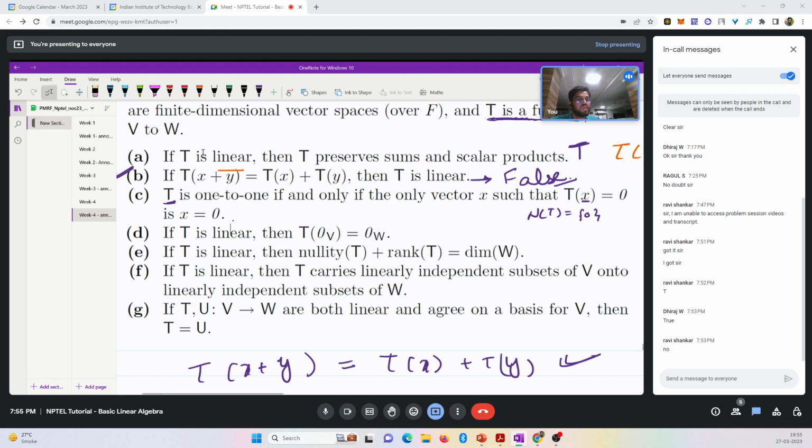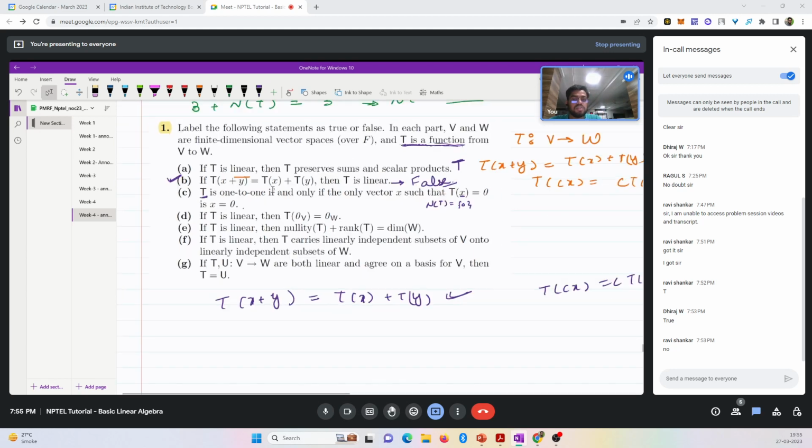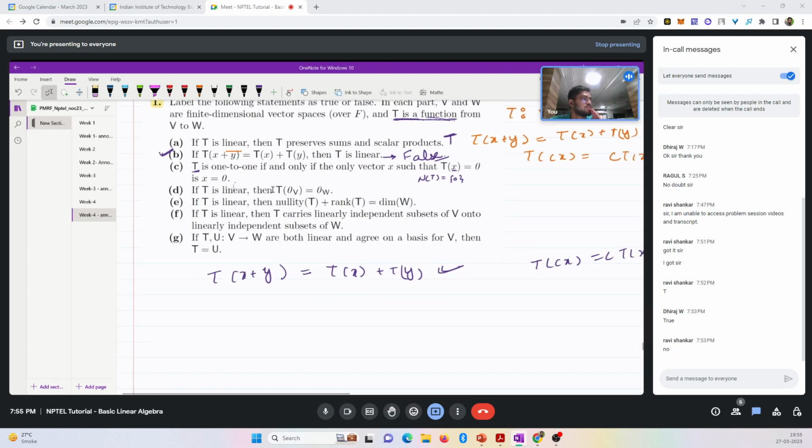But is it true for any general function? If T is not a linear transformation and T is any arbitrary function, then is it necessary that if T of x is equal to 0 is satisfied only for x is equal to 0, then T is 1 to 1? Is it necessary? We can take an example, right? Take f of x is equal to x square.